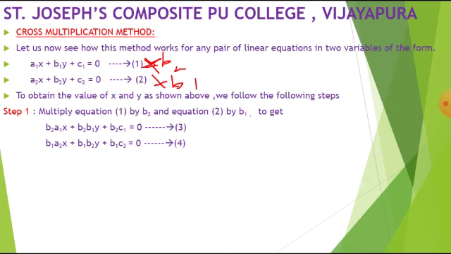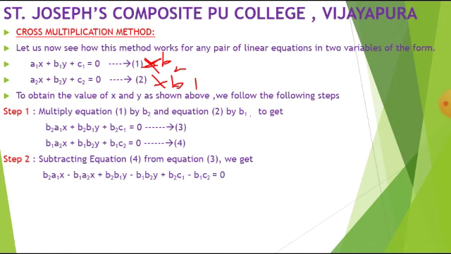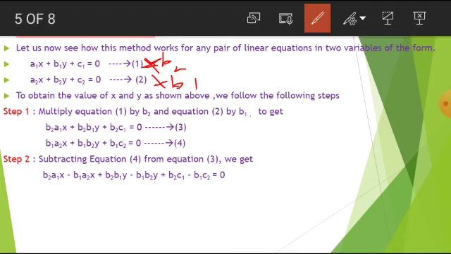So what will be the next step? That is subtracting equation 4 from equation 3. I told you already, when we subtract, the sign will be changed here. So now we can take that as it is. Now here b2b1y and b1b2y get cancelled.